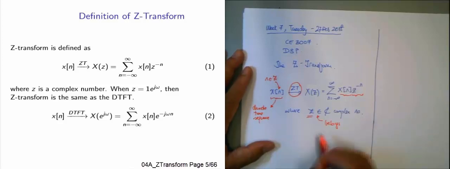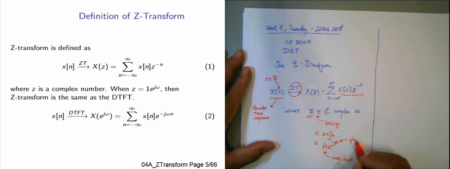So z is nothing but a plus jb, or normally you would write it in polar form or complex exponential form, A e to the j phi, where A is the magnitude and phi is the phase. Here is the rectangular form.